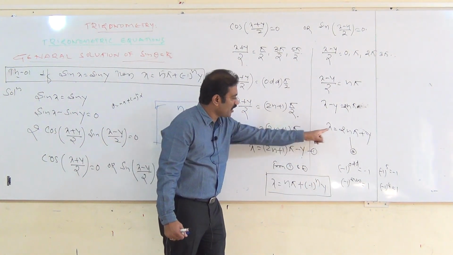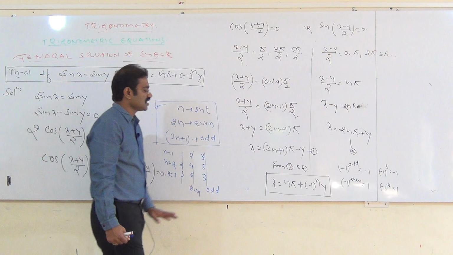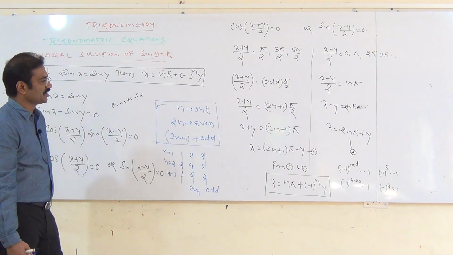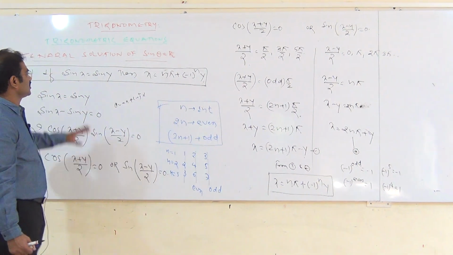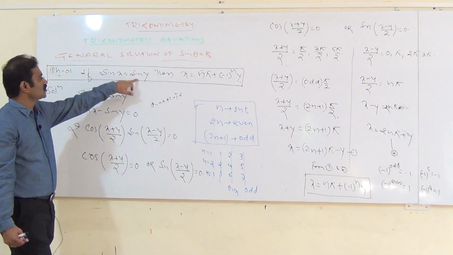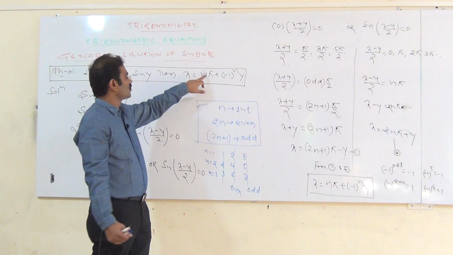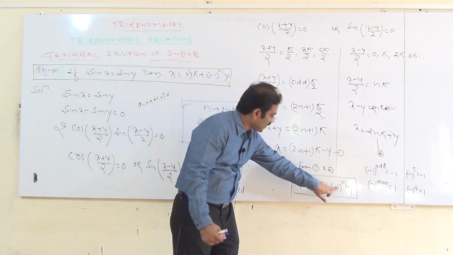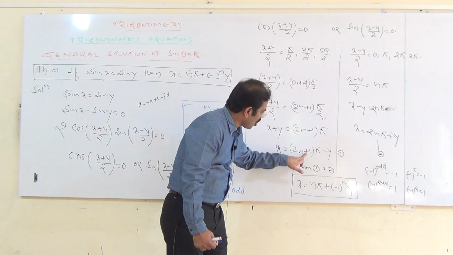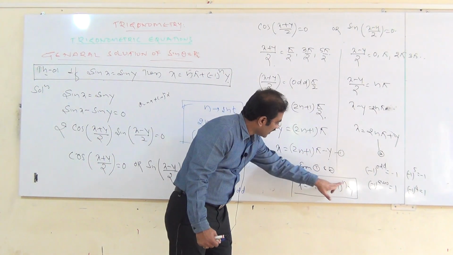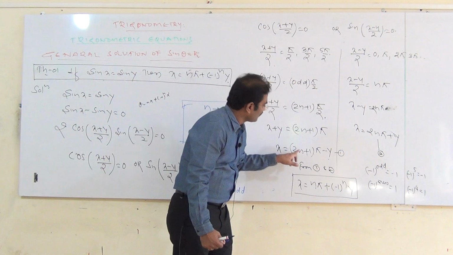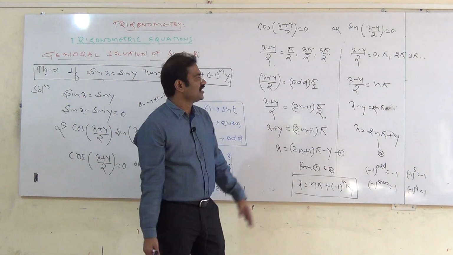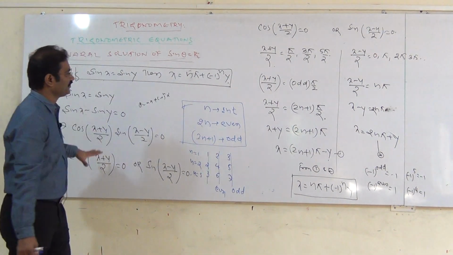Therefore, from 1 and 2, we take this conclusion, that is x is equal to n pi plus or minus 1 raised to n y. Therefore, the theorem is, if sin x is equal to sin y, then x is equal to n pi plus minus 1 raised to n y. When n is odd, this term automatically becomes minus. When n is even, automatically it becomes plus. So this is the theorem.